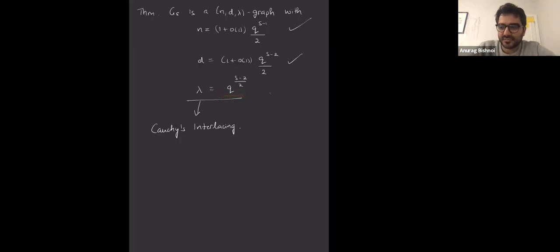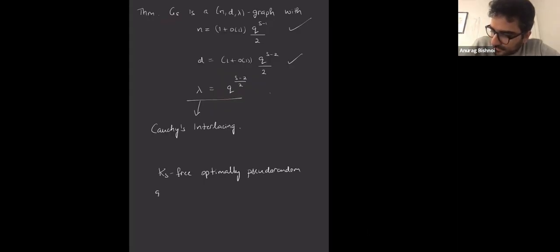So n and d did not change much. Lambda did not change at all, but suddenly the graph is now K_s-free. So in conclusion, we have a K_s-free optimally pseudorandom graph with d equal to n to the 1 minus 1 over s minus 1, and d is order lambda.